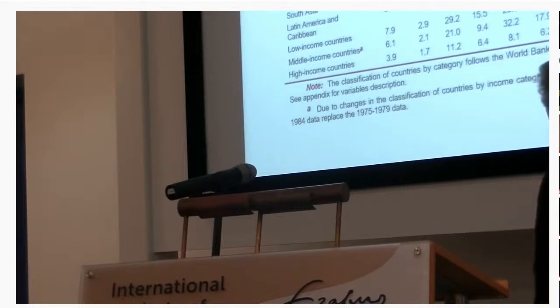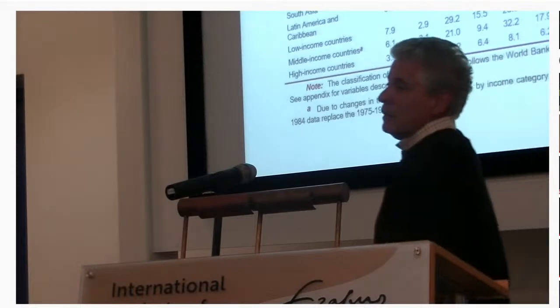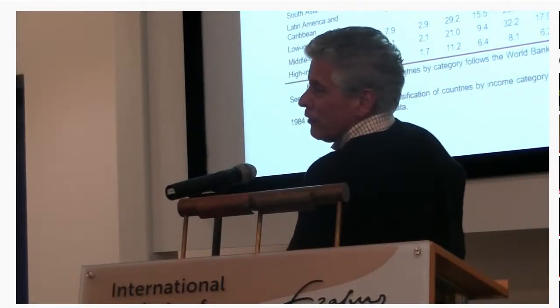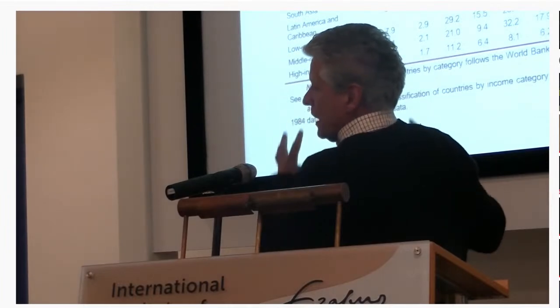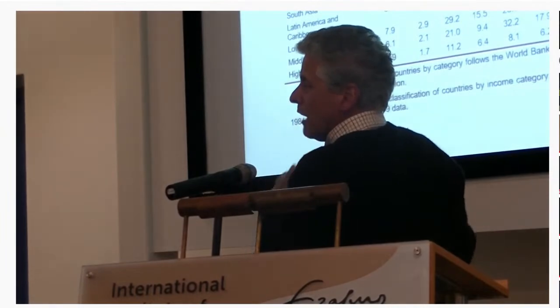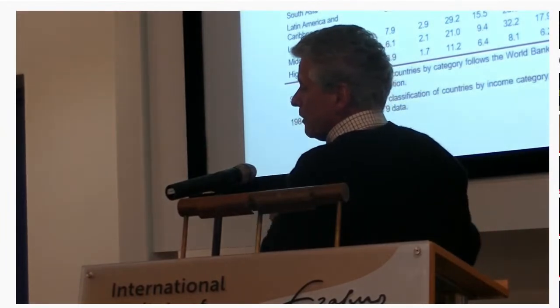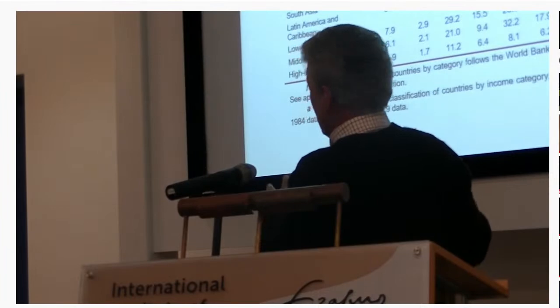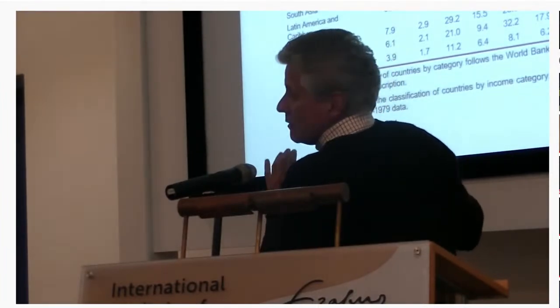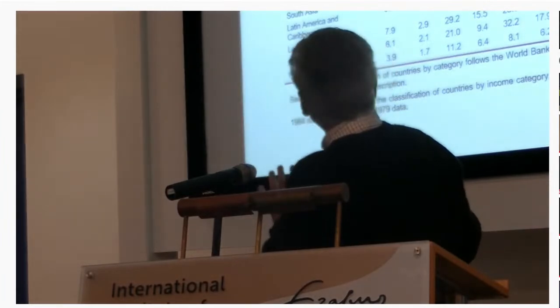Okay? And you compare it with all other income groups, and what you see is essentially in that one statistic how dependent Sub-Saharan Africa is on raw material production. Okay?